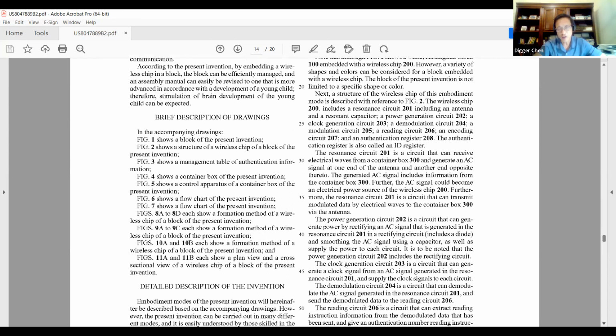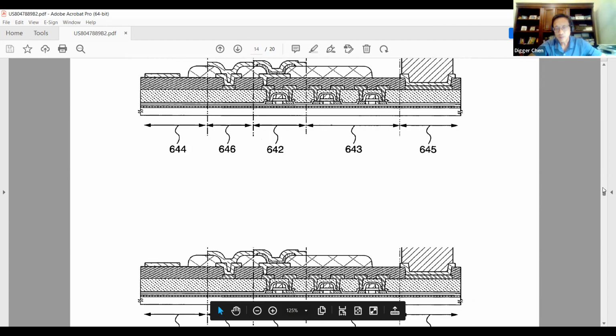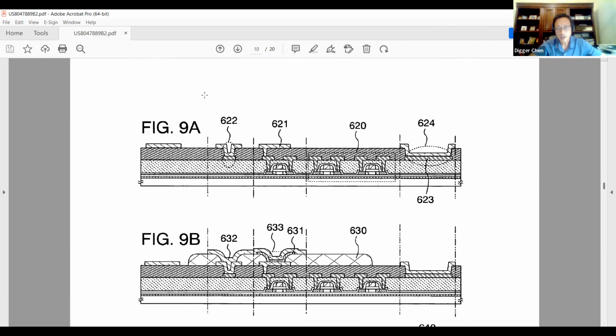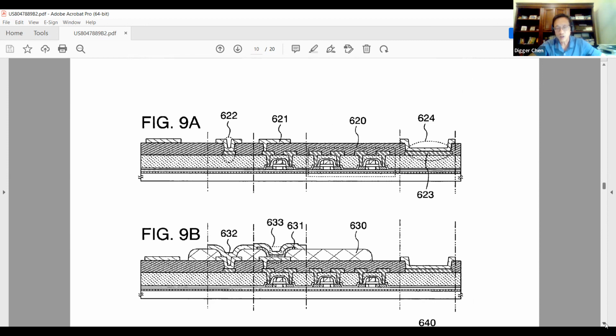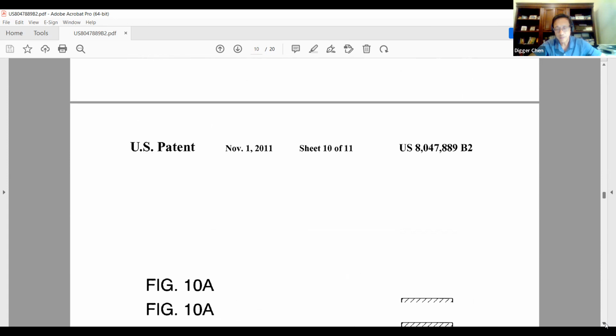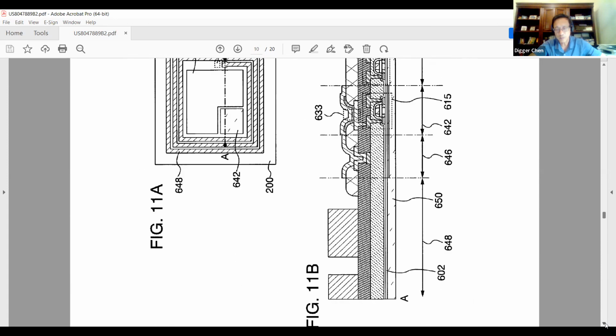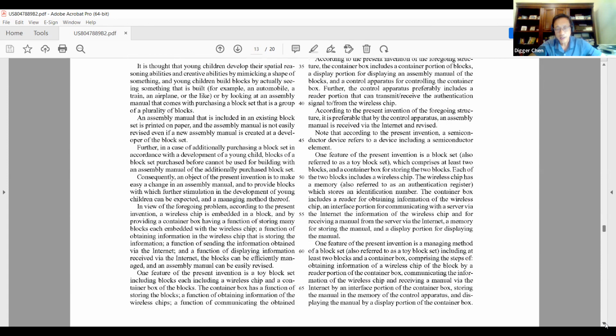So each figure you have to describe. If you look at the figure, there are a lot of numbers, like 622, 621, 620. You have to describe all of this, so it is a very detailed description, okay?